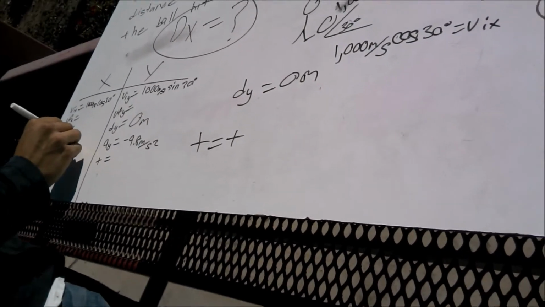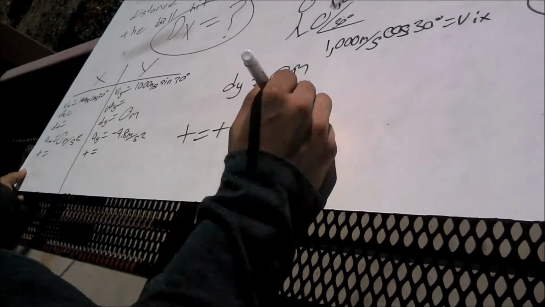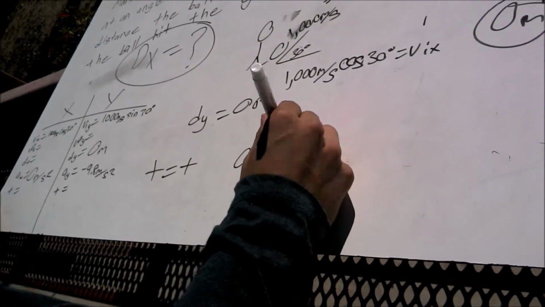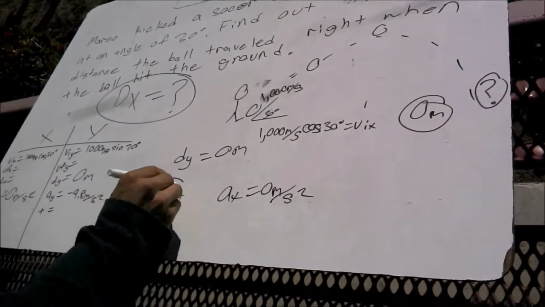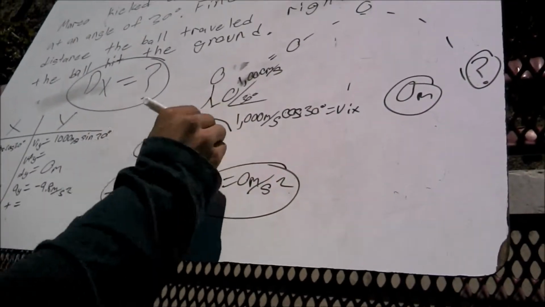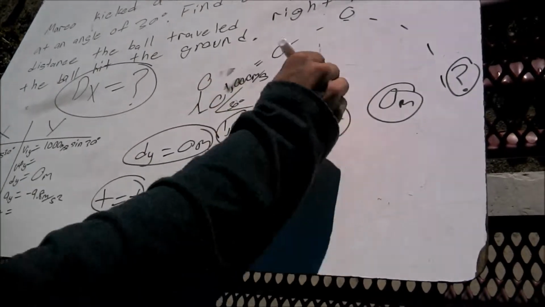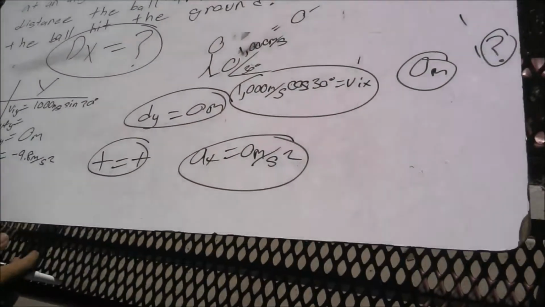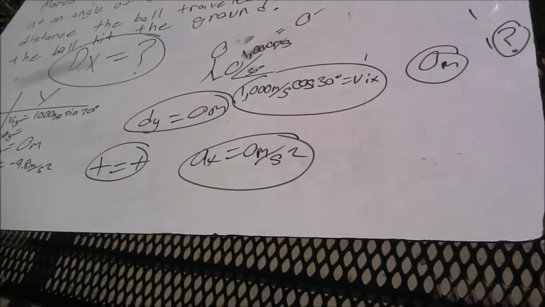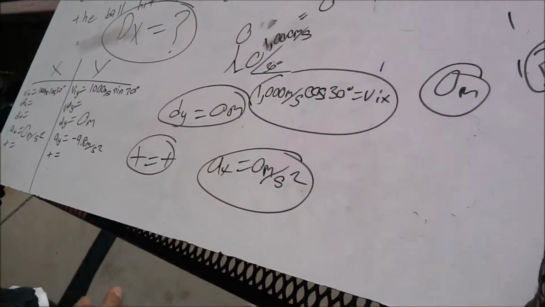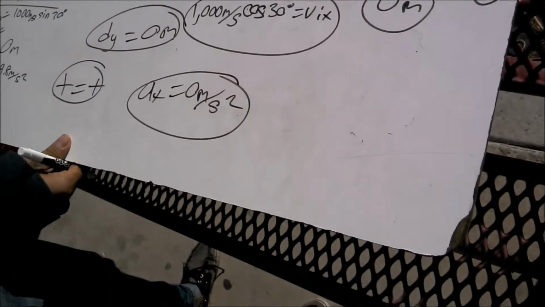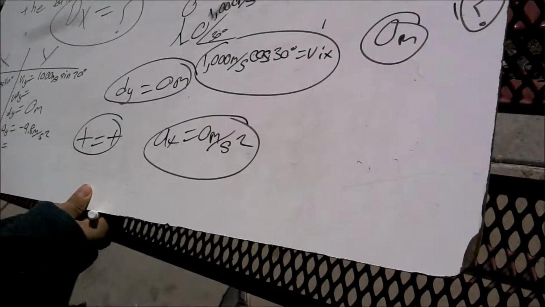And once we write down all the givens, we can now find out what equation we are looking for. Also, another tip is that you will always know the acceleration in the y direction, which is negative 9.8 meters per second squared, and in the x-axis you always know the acceleration is 0 meters per second squared in these type of problems.